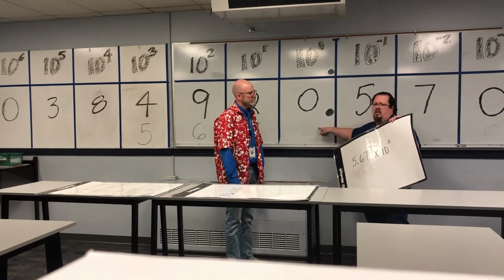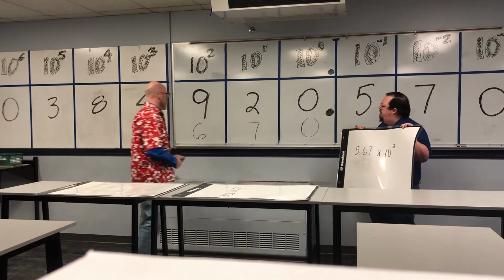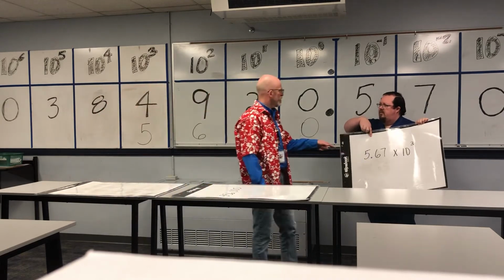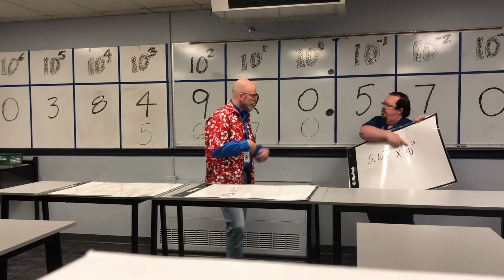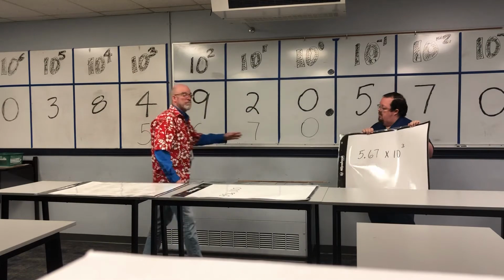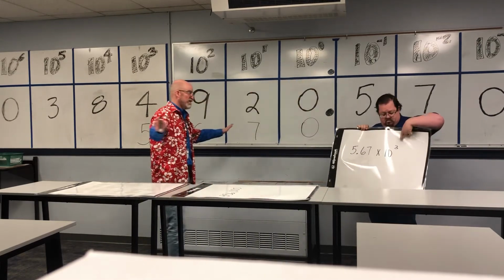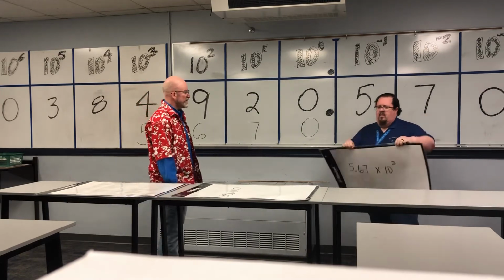Placeholder 0, right? 5,670. It's just a different way to write 5,670 because it's in the 10 to the thirds place. It doesn't really save us much space on a little number like this, but if that was like a 12 or a 30, that would definitely save us space.